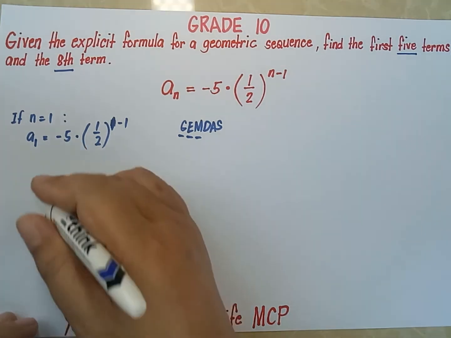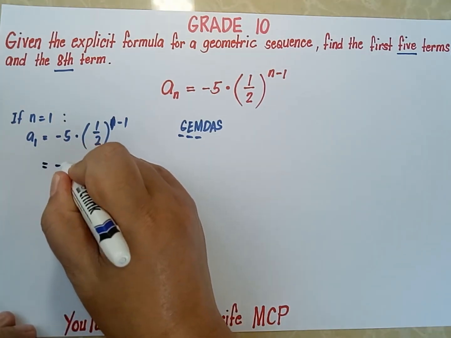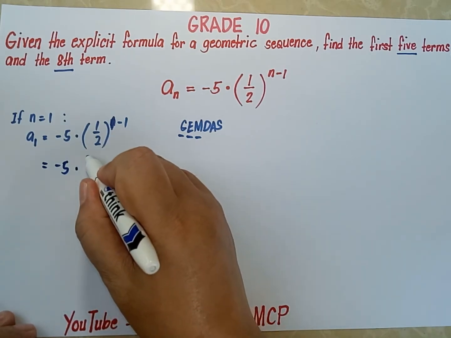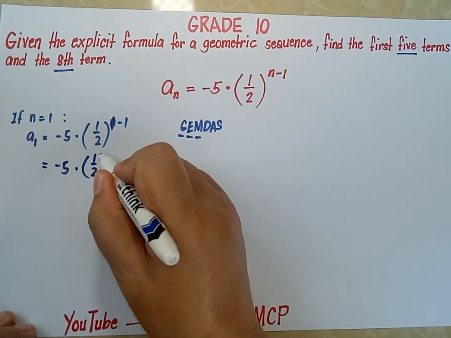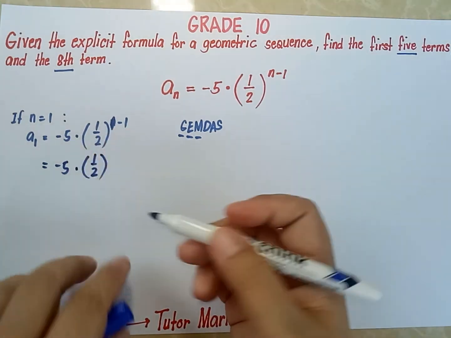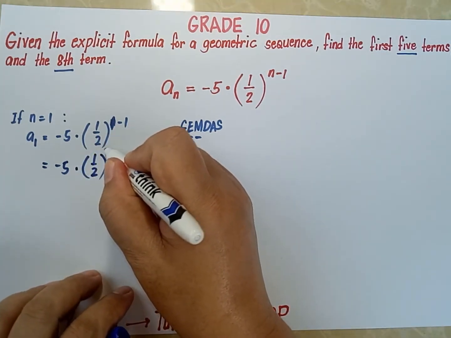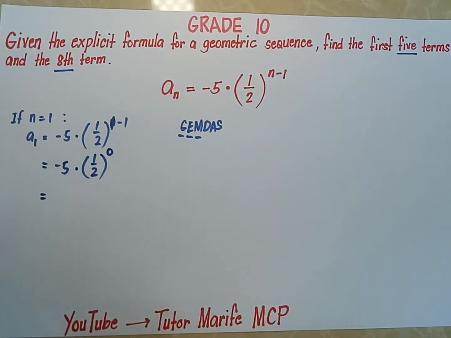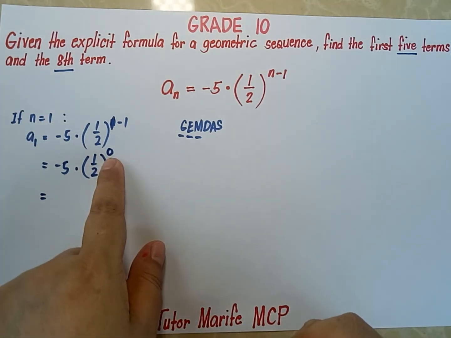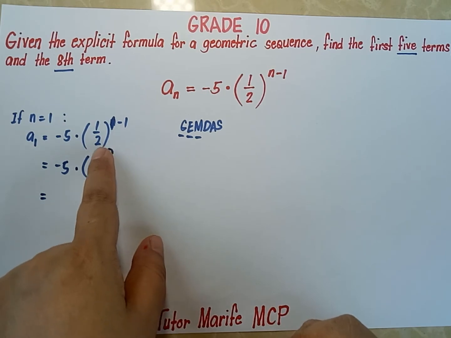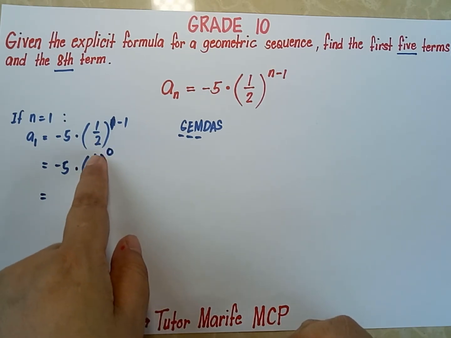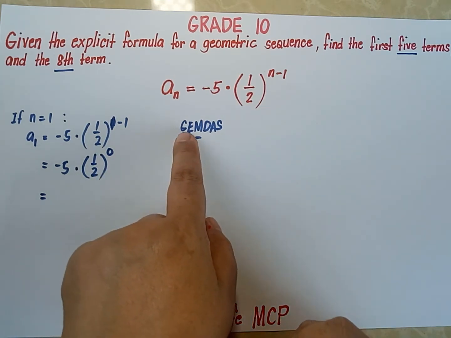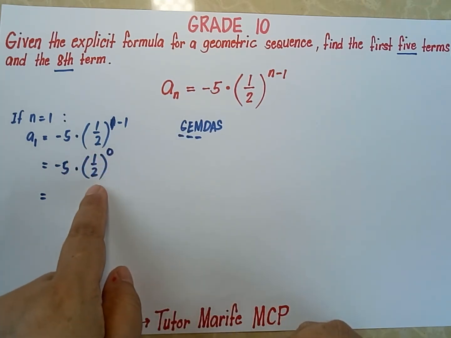Okay, let's proceed. So, this is equal to negative 5 times 1/2 raised to 1 minus 1 is 0. So this 0 exponent applies to the whole fraction 1/2 because of the grouping symbol parenthesis.